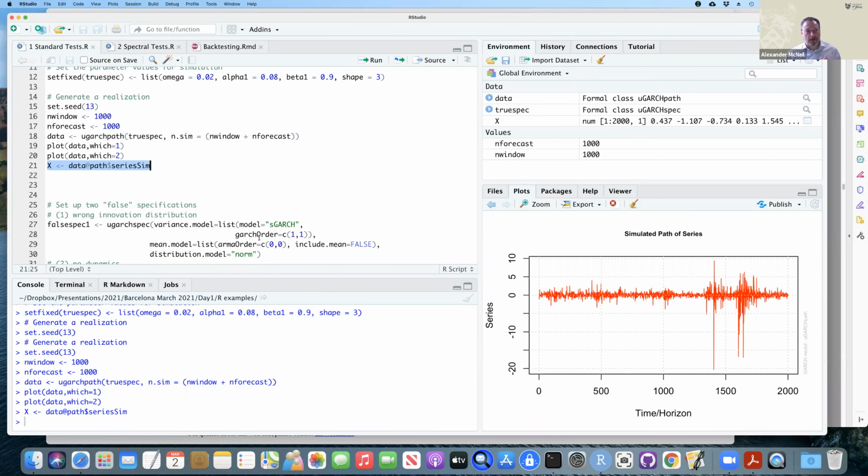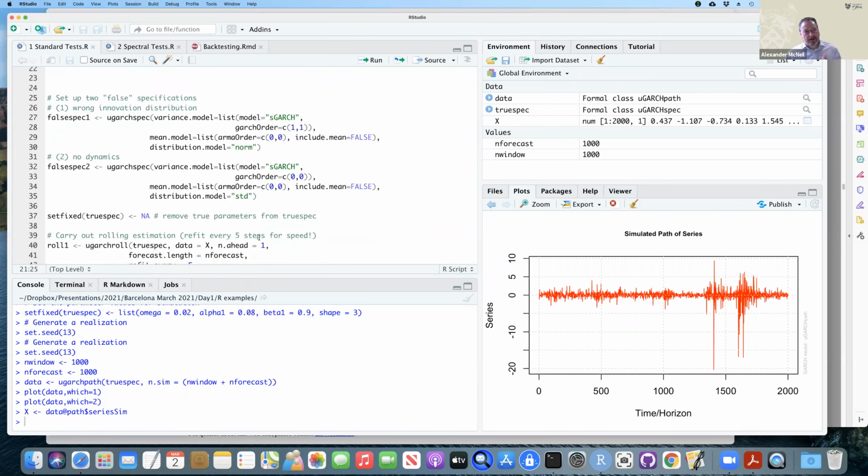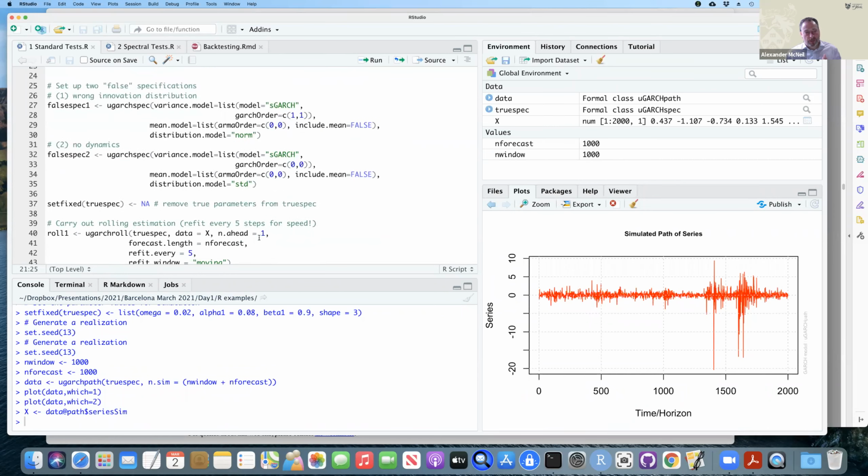these methods work. And the next thing I'm going to do, actually, I think I'll do that after we talk about the backtesting.